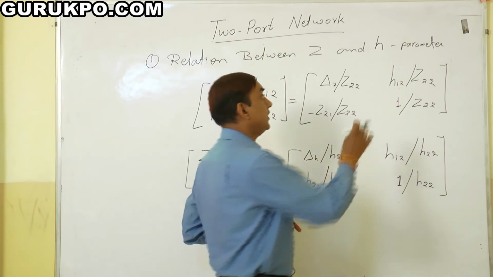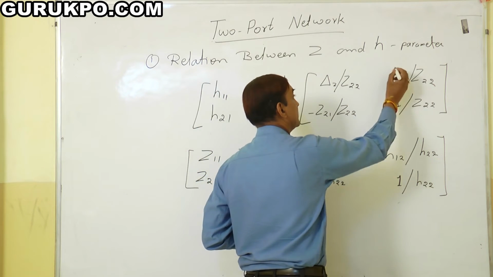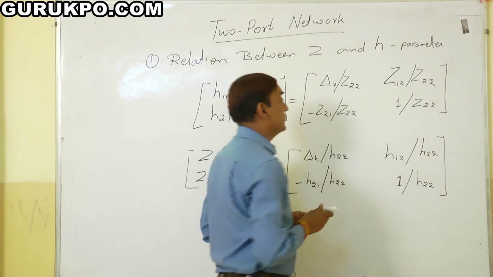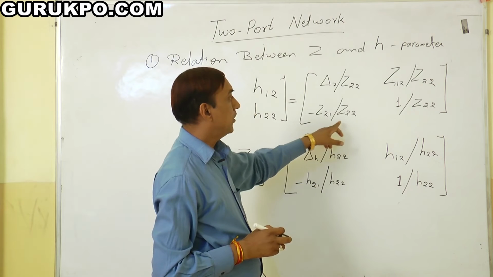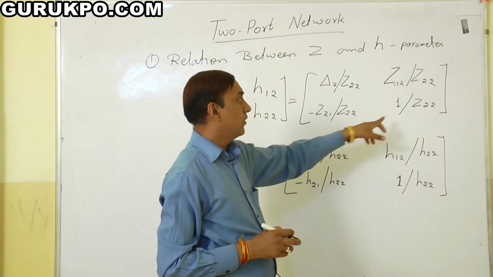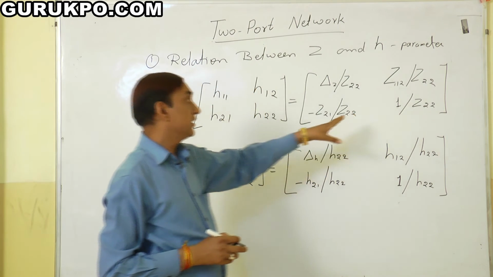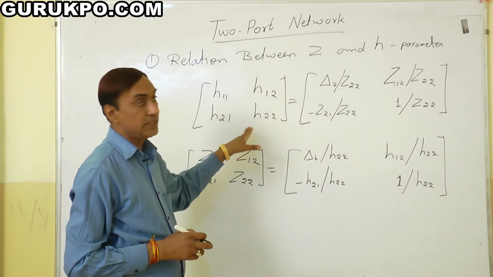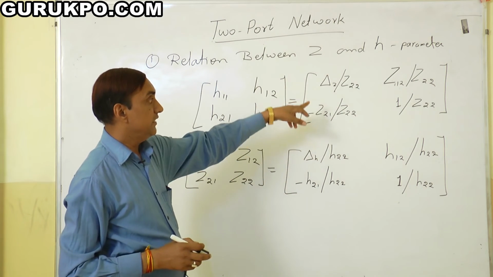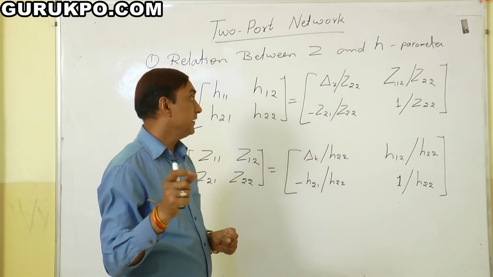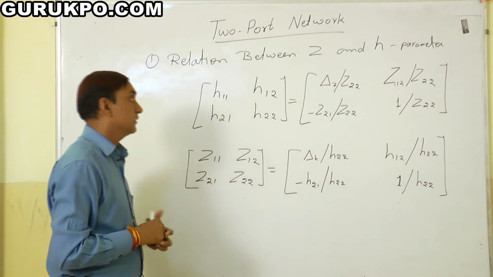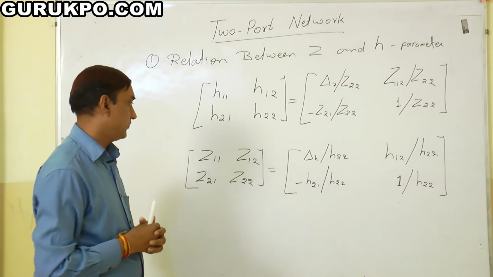Here we see Z21 over Z22, and minus Z21 over Z22, and 1 over Z22. This is the relation between H parameters and Z. Here del Z is shown. This is the result matrix of that.